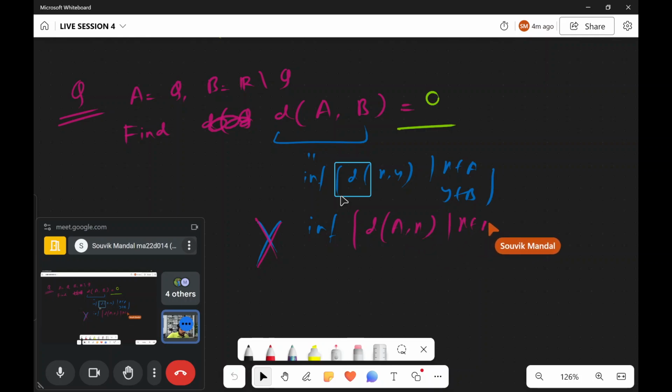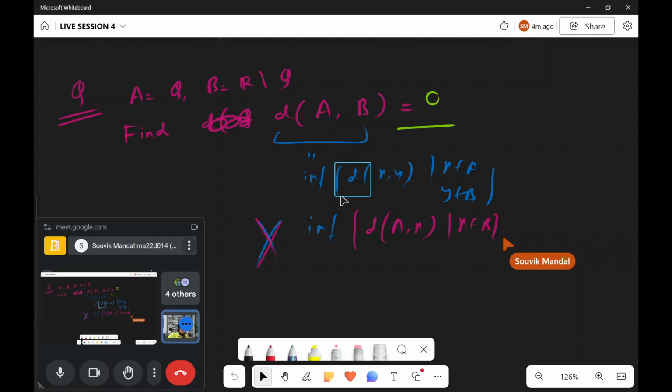So directly you cannot use the fact that d of x equal to 0 if and only if x belongs to the closure. Do you understand what I'm trying to say? So that's why mathematically you cannot directly use that fact. For that you need to prove it directly.